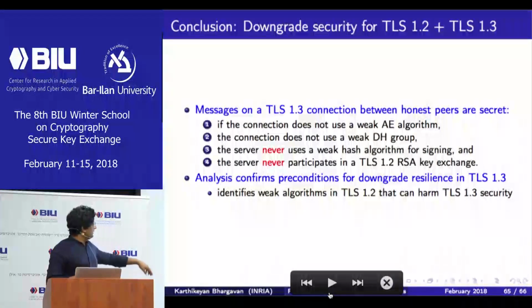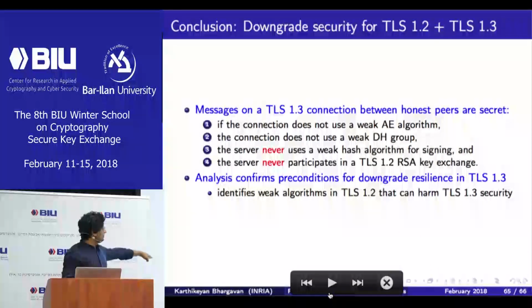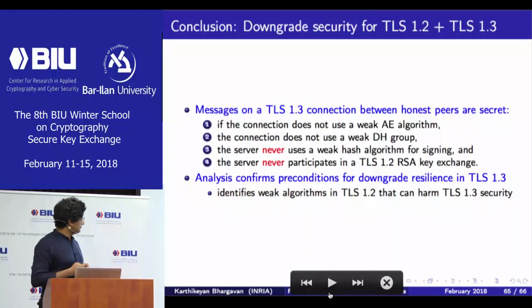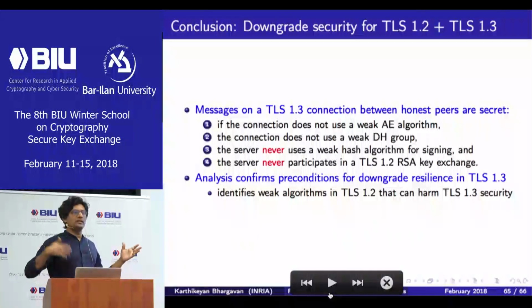Okay, so this gives you a set of preconditions for downgrade resilience in TLS13, and it identifies the weak algorithms in TLS12 that can affect TLS13 security. So this is the kind of analysis I think we can do with automated tools like ProVerif for fairly large models. This is TLS12 plus TLS13 with a whole bunch of weak algorithms thrown in, and find all these corner cases that we may not have thought about.